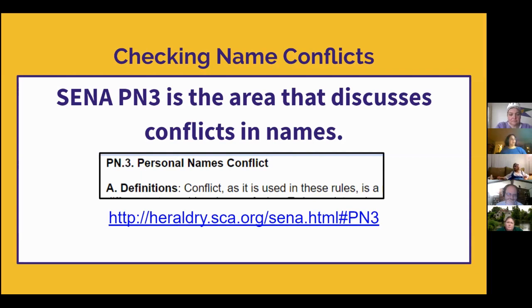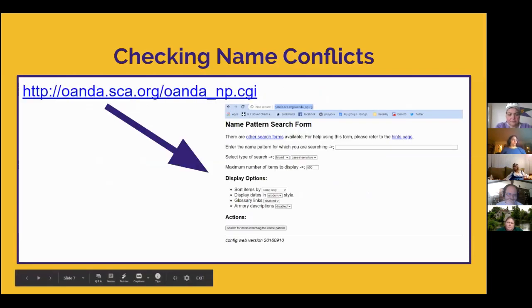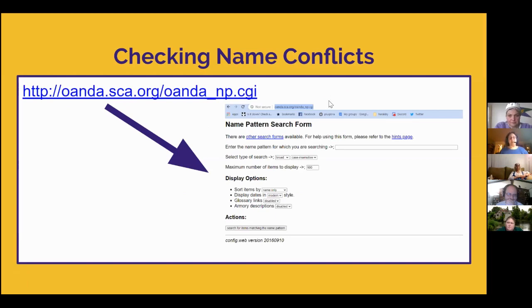So basically, if you're looking at conflict checking, this is what you're looking for. There's your link, and this is what it brings up, the name pattern search form. That's what you're looking for when you're looking to conflict check.